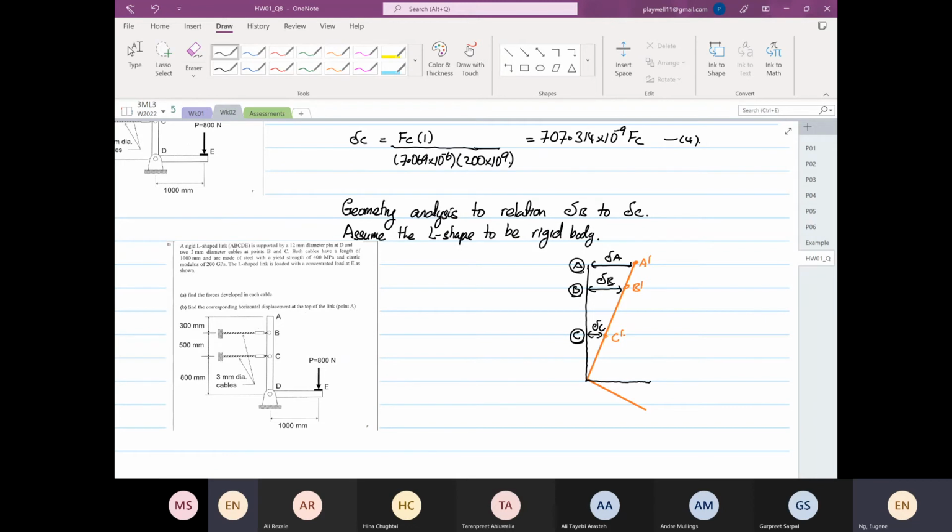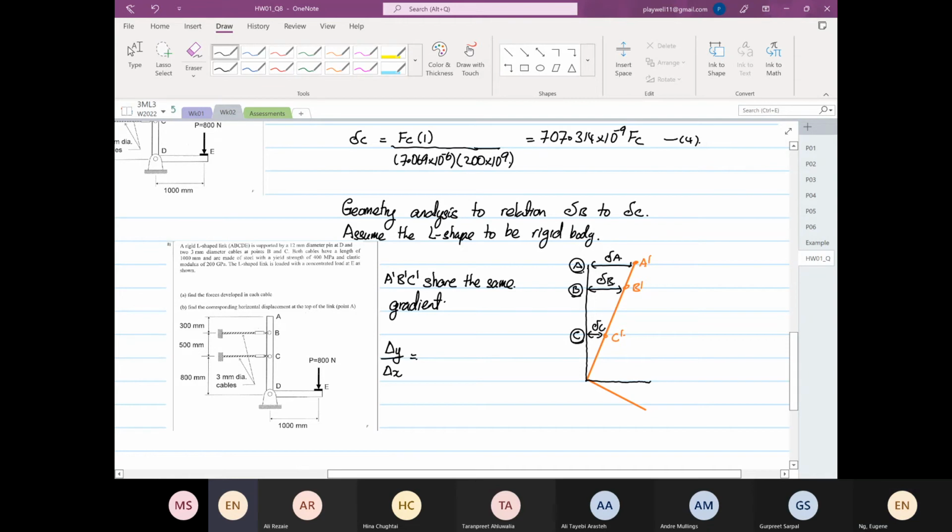Okay, so A prime, B prime, C prime share the same gradient. Okay, so gradient is change in y divided by change in x.